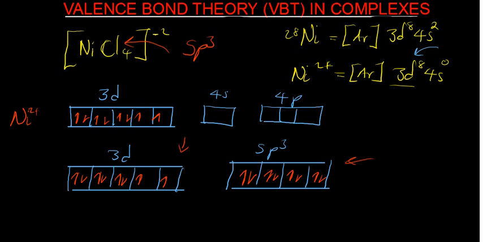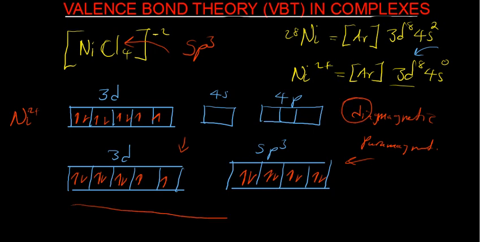Now at times they can ask us to determine the magnetic properties for the nickel tetrachloride. Magnetic properties can either be diamagnetic or paramagnetic. When it is diamagnetic, it means all the electrons in the complex are paired, so each orbital has got 2 electrons.